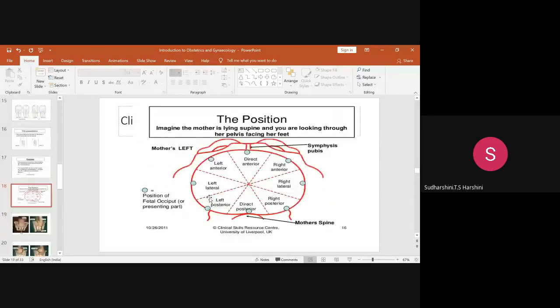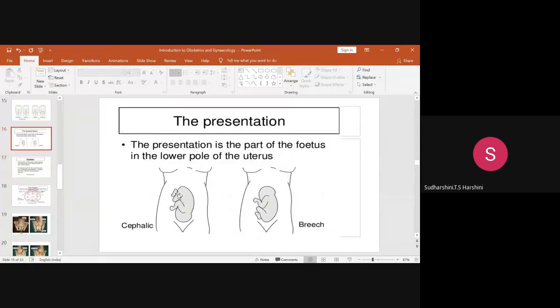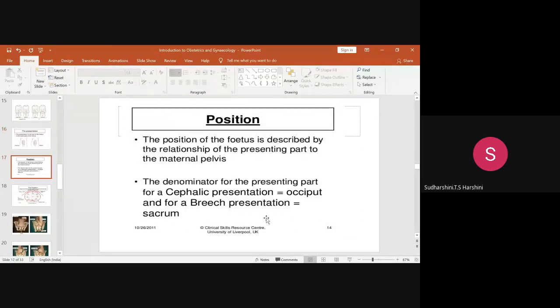Now position. The position of the fetus is described by the relationship of the presenting part to the maternal pelvis. Before going into the position, you should know the denominator of the presenting part. Presentation means one is cephalic, this is breech. There is something called the denominator of the presenting part.